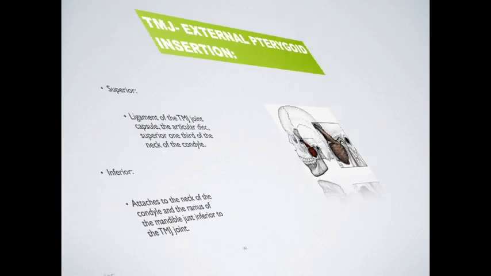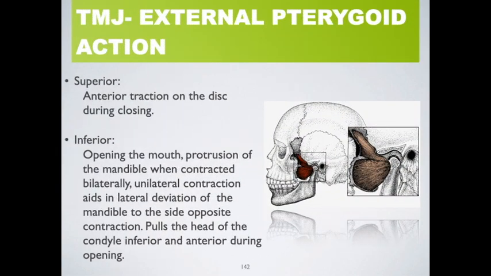So for action, the superior division primarily manages the disc and joint tissue, kind of tethering the disc and the joint tissue as the joint is moving. The inferior plays more of a role of movement in jaw opening and jaw lateralization.